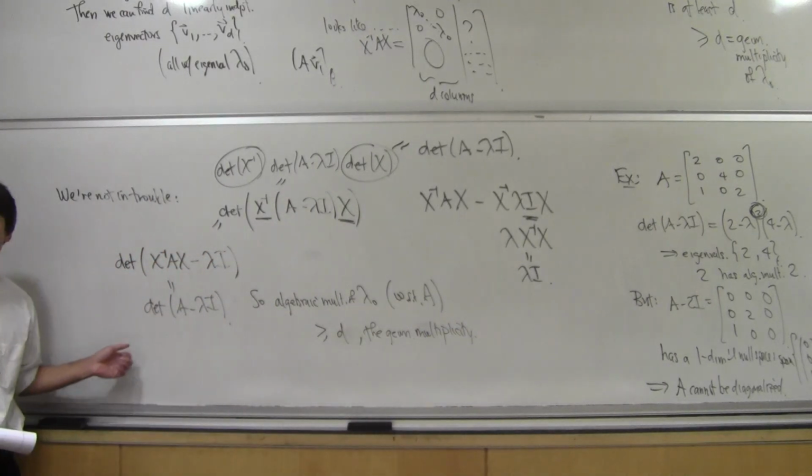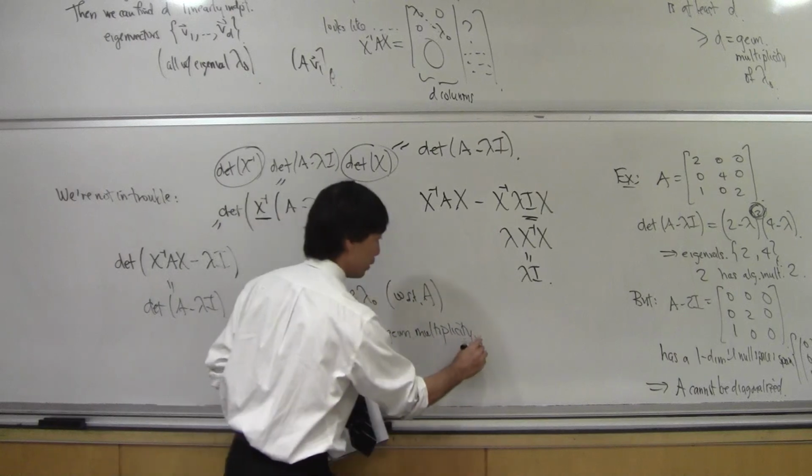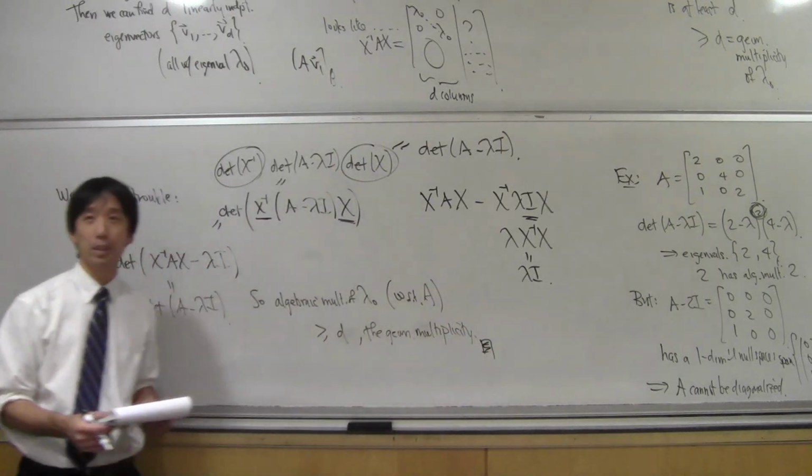Okay, and that's what we're trying to show. Right? That the geometric multiplicity is always less than or equal to the algebraic multiplicity.